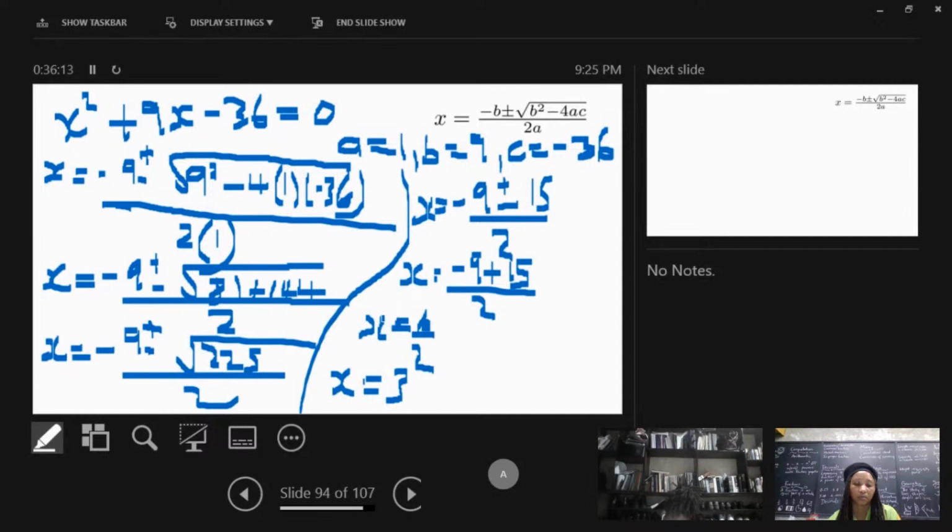For the other one, x equals negative 9 minus 15 over 2, which is negative 24 over 2. So x is equal to negative 12.